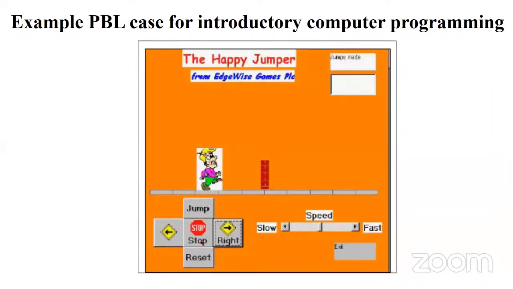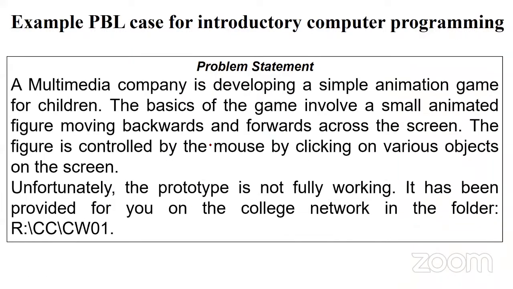These animations. The figure is controlled by the mouse by clicking various objects on the screen, like up, down, left arrow, jump. Unfortunately, the prototype or beta version is not fully working, because it's a sketch version, not the stable version.